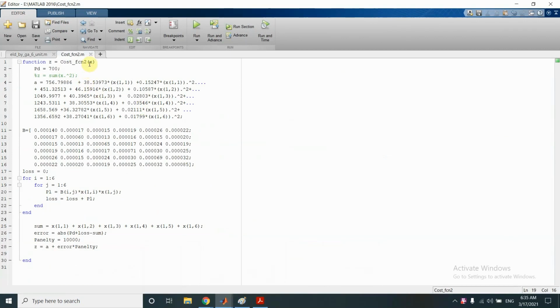Here the x parameter, the p parameter was passed, and we are taking this as x in this function. This x again would contain 6 elements, and suppose for this line, this is ci, this is bi, this is ai.